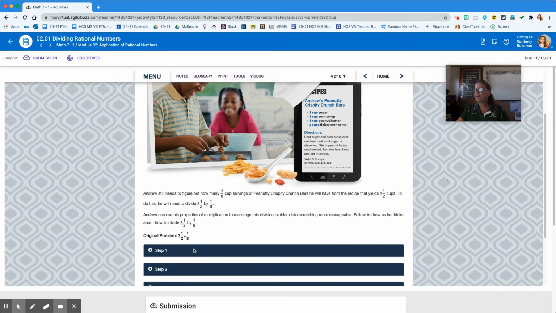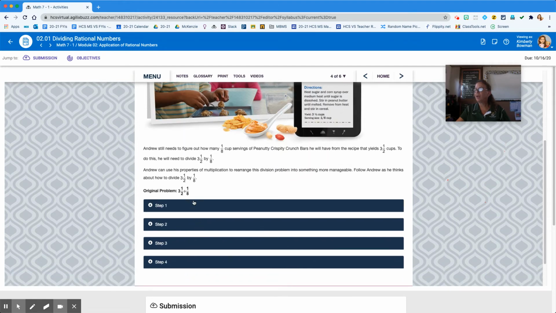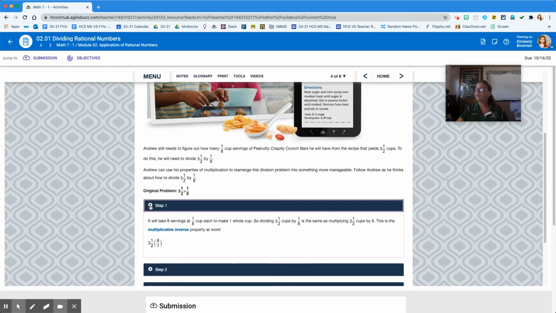Okay. Now, there are a couple ways you can do this. Actually, not really. The way you're going to do it is you're going to use step 1. Anybody want to guess? Hopefully you said fix it so that they are improper fractions. And they didn't. They said it will take 8 servings at 1/8 cup each to make 1 whole cup.